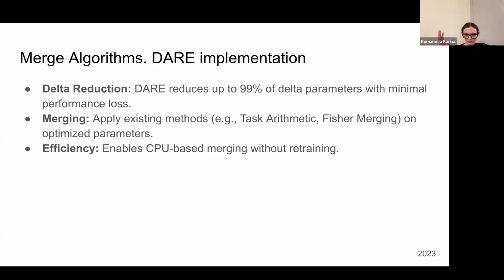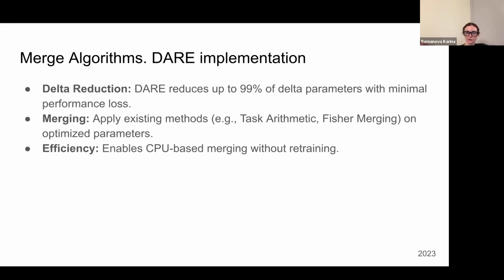There are 4 stages of implementation in this algorithm. On the first stage, we compute the delta parameters: for each fine-tuned model, we calculate the delta parameters by subtracting the pre-trained model's parameters from the fine-tuned model's parameters.